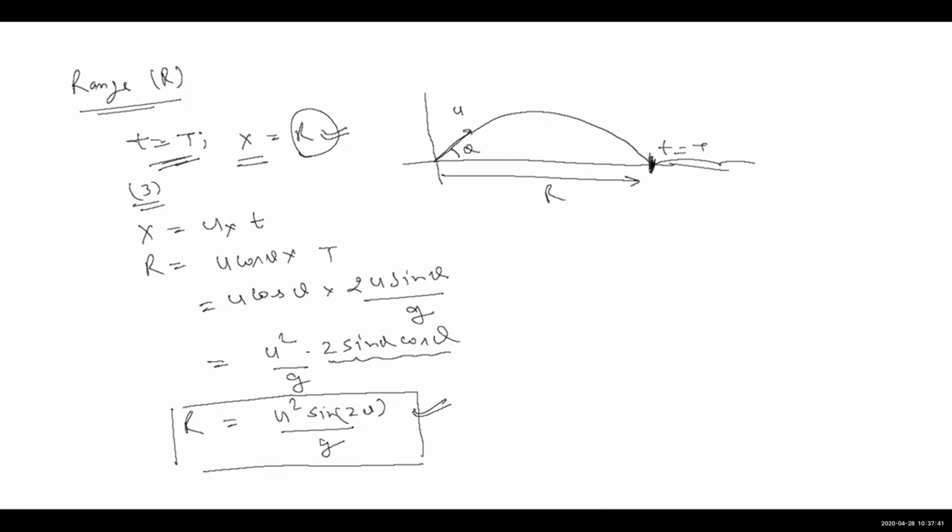Again, we will focus on the process. That's a formula. We'll remember this formula only for school exams, but the process is something we have to understand: what kind of conditions we put, and then how we use the equation. In this case, you can see the range depends upon u square, g, and sin 2 theta.